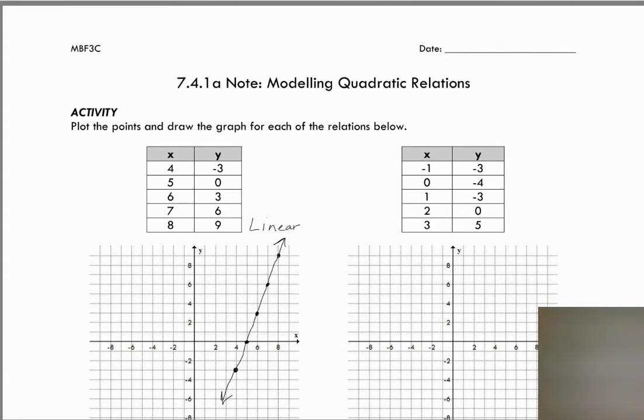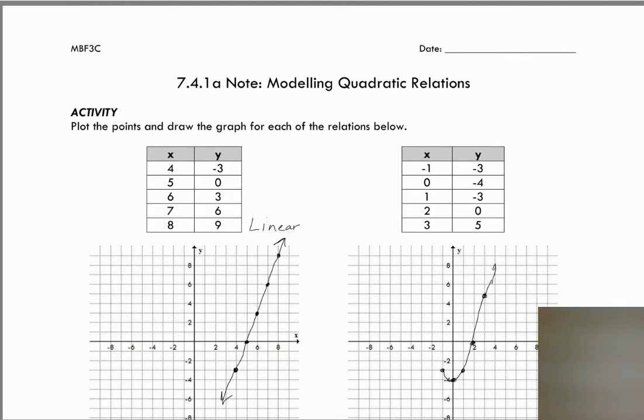All right, on this side, we have -1, -3. We have 0, -4. We have 1, -3. We have 2, 0. And we have 3, 5. Okay, so we see this curve happening.